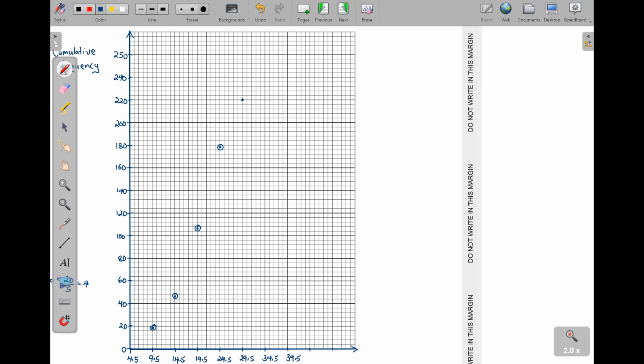Then remember it is 26, so 6 divided by 4, that is 1.5. So I'll move up here just like that.